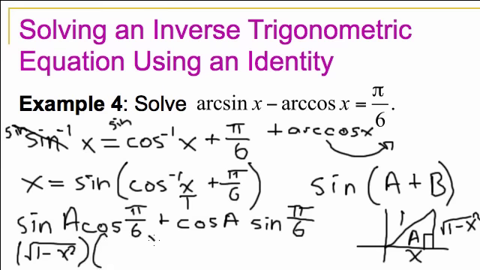Cosine of pi over 6. Pi over 6 is 30 degrees. The cosine at 30 degrees, if we remember our unit circle, is root 3 over 2. Plus the cosine of A. Cosine of A actually works out quite nicely. It's just x over 1, so just x. And the sine of pi over 6, the sine of 30 degrees, is 1/2.